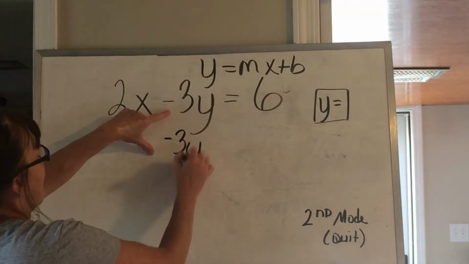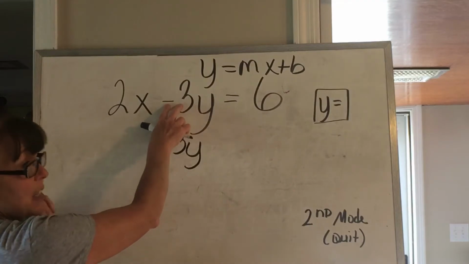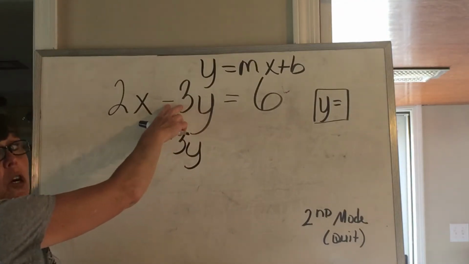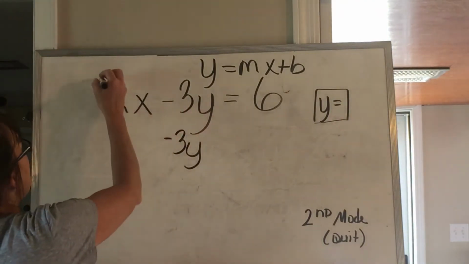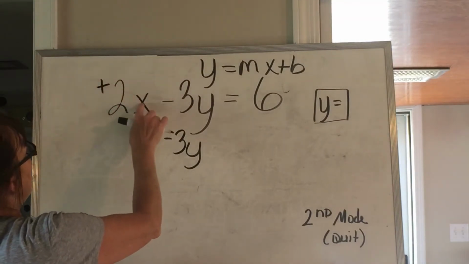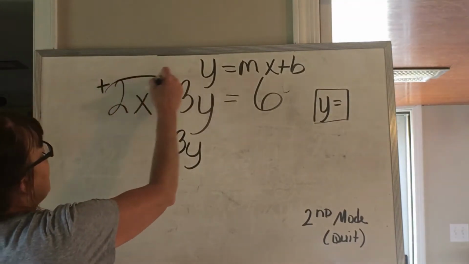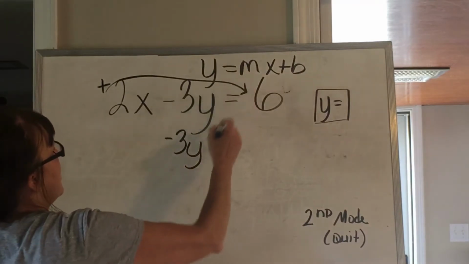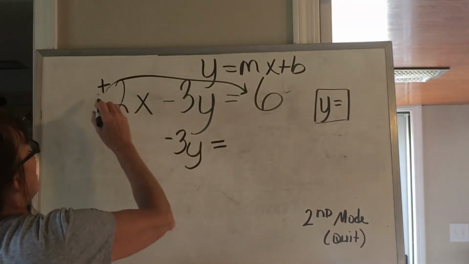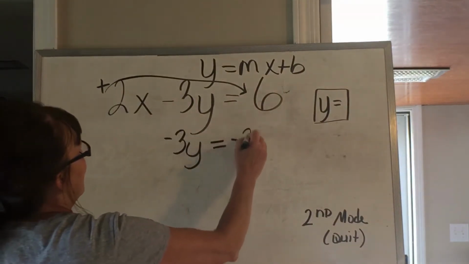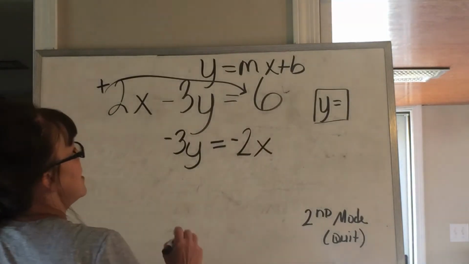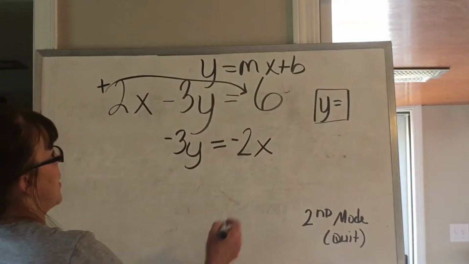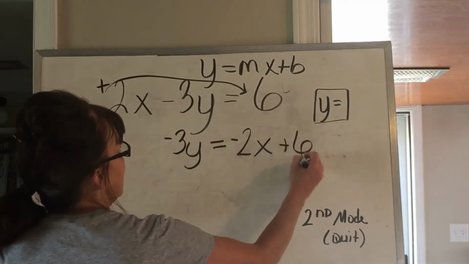And if you keep y, you've got to keep the number that's in front of y, which is -3. And you're going to take your positive 2x, and it needs to go right behind your equal. And you know if you move it that you have to change the sign. So that becomes -2x plus 6.